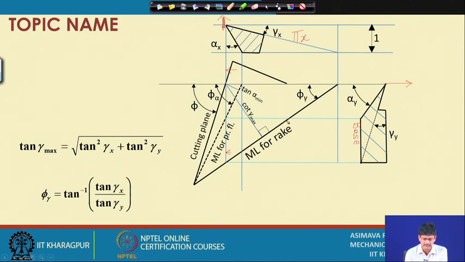This means that each and every point represents the intersection of the rake surface with the reference plane, if the reference plane and the base plane are considered to be the same here.